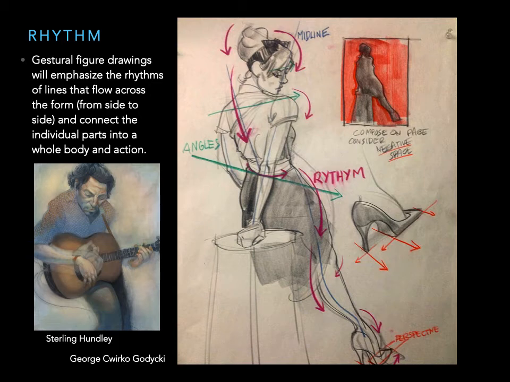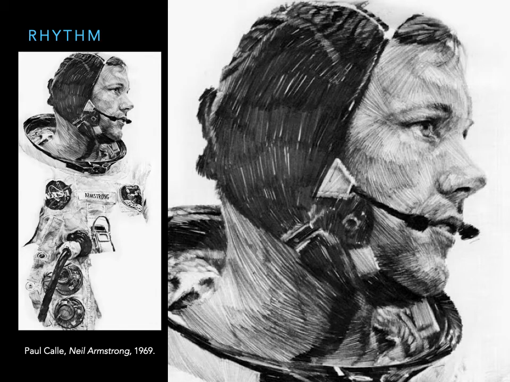It throws that curve of the front thigh back over to the calf muscle of the lower leg. That curve then throws back towards the lifted up foot, and then that would come back in around on the heel through the toe. So that sort of flips back and forth across the figure. That'll be something we look for a lot.